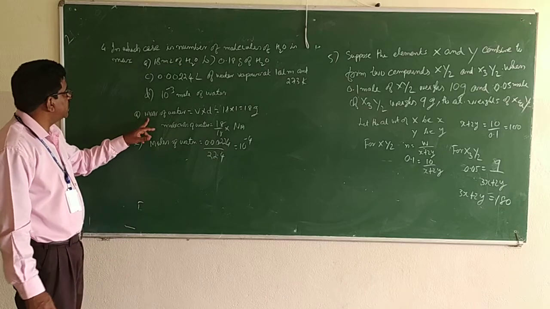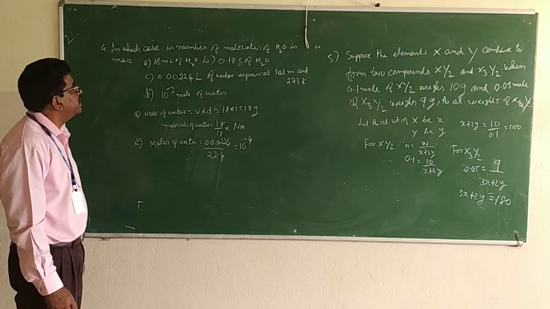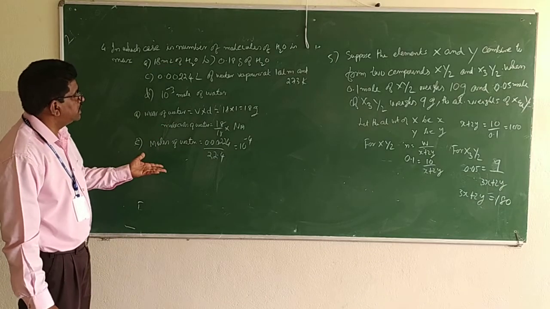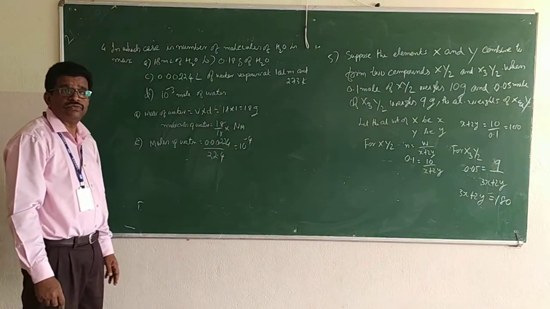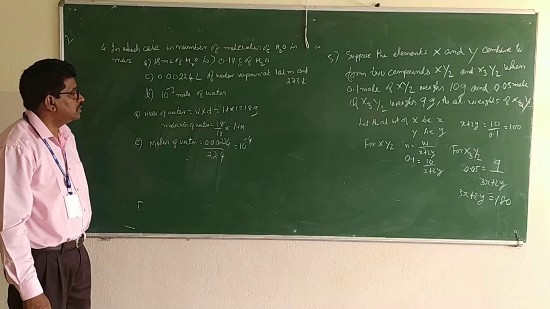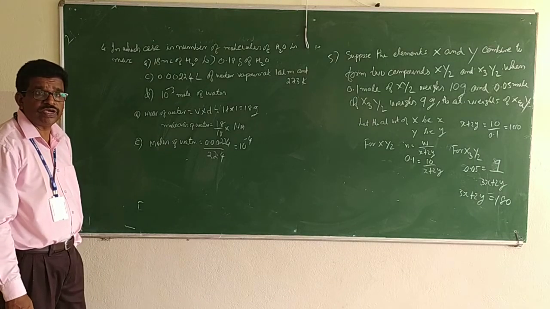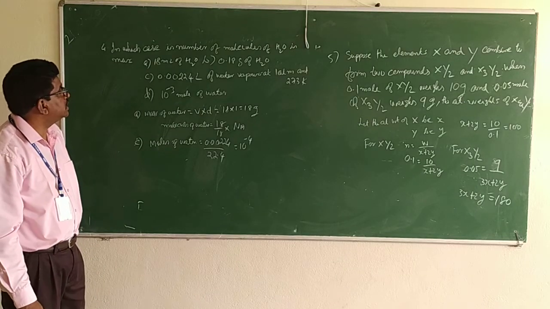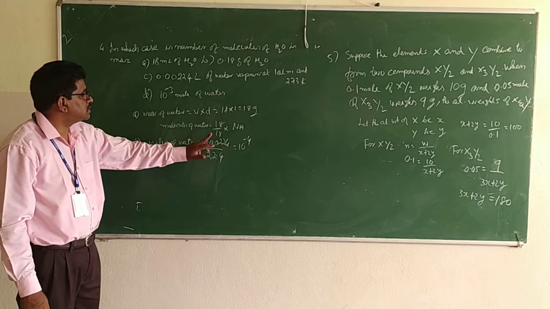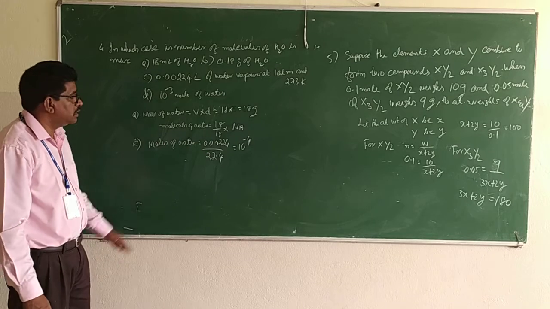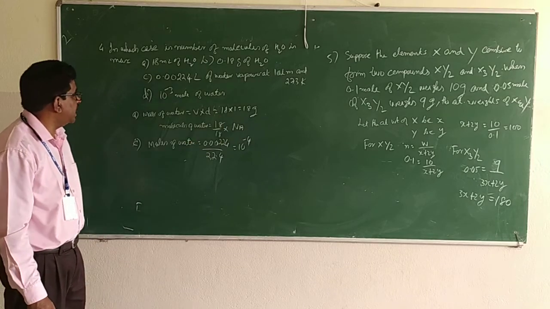So the first case, mass of water is equal to volume into density. Since density of water is 1, 18 into 1, 18 gram. From that we can calculate the number of moles, and from the number of moles we can calculate the number of particles, atoms or molecules. So mass by molecular mass, we get 1, into Avogadro number NA, that means NA.